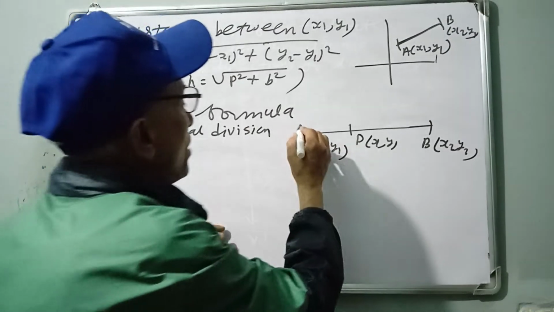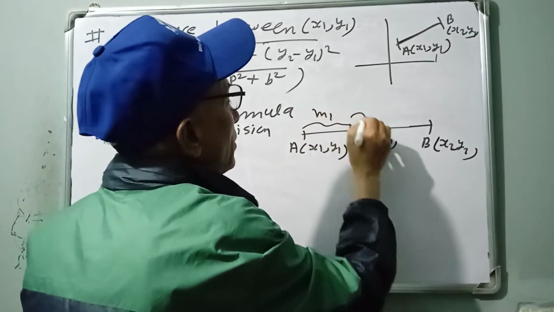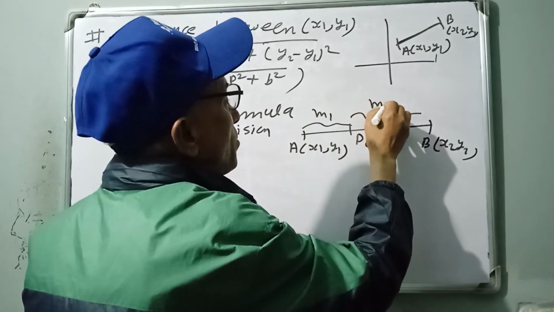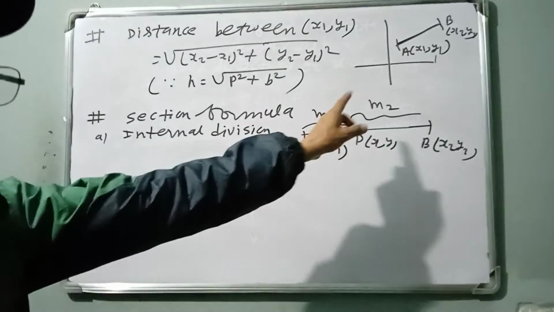P divides AB internally in the ratio of m1 by m2, or it may be m upon n.